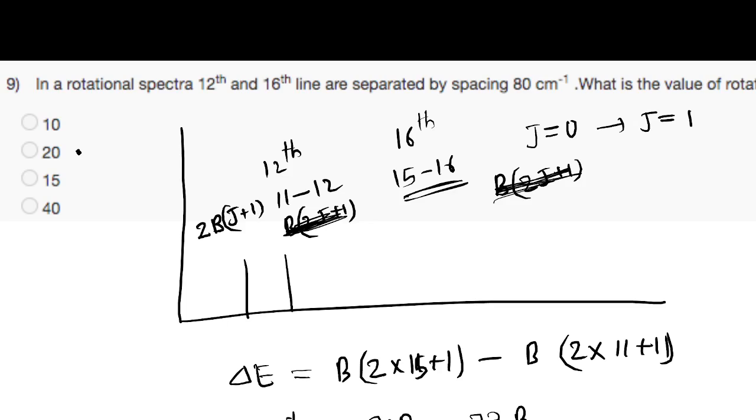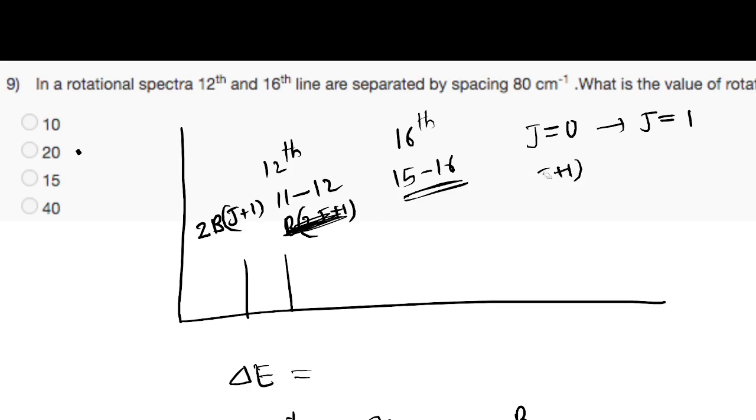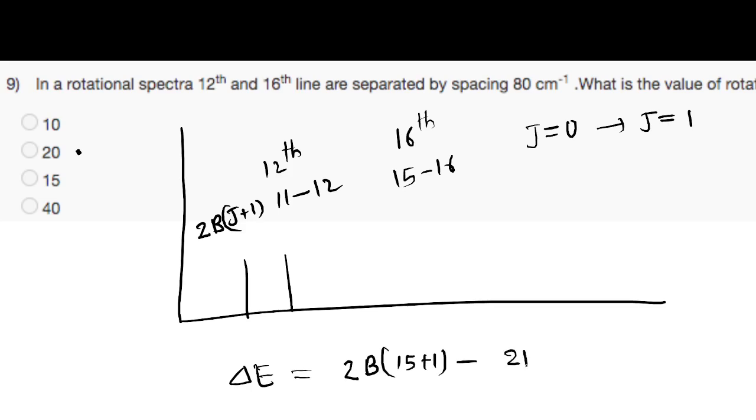So this was wrong. We'll write here 2b(15 plus 1) minus 2b(11 plus 1).